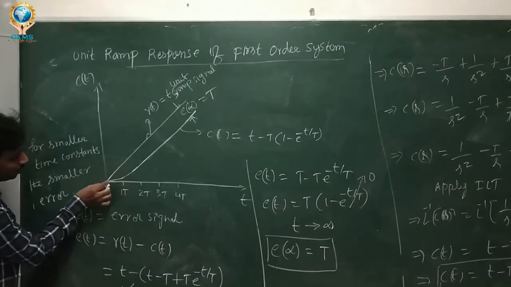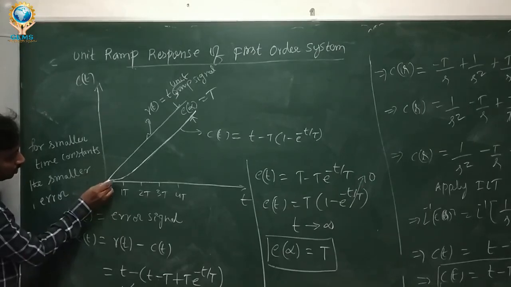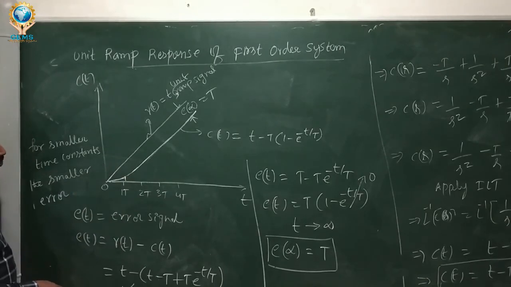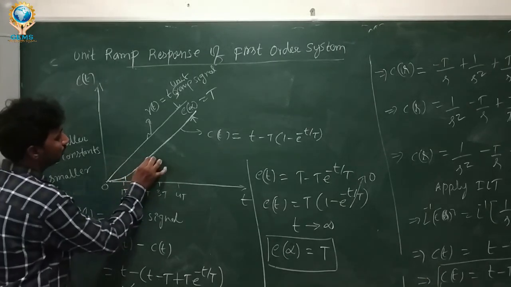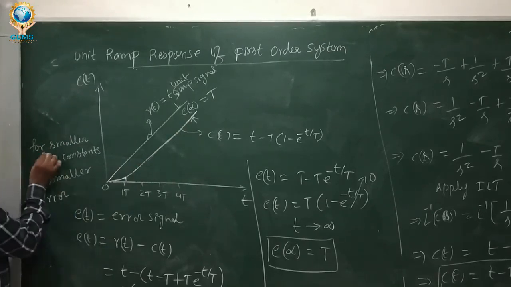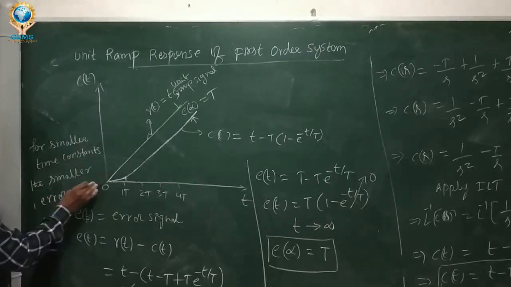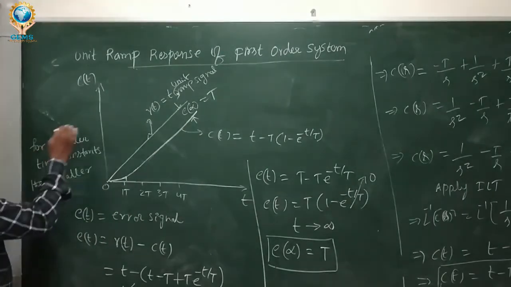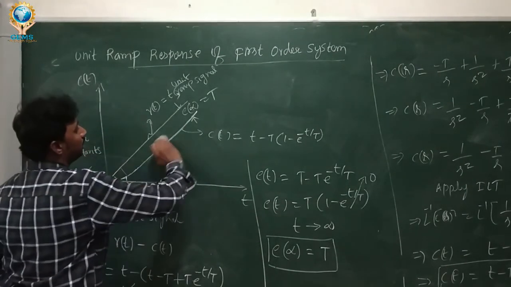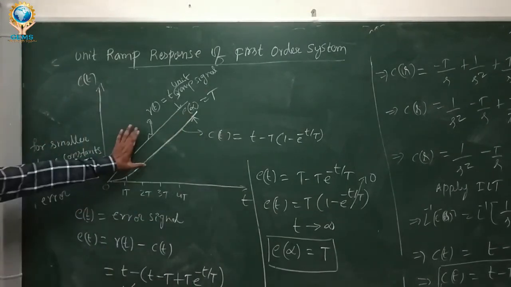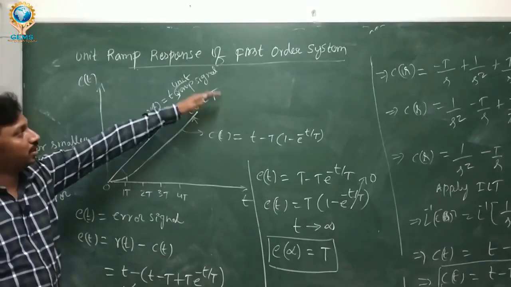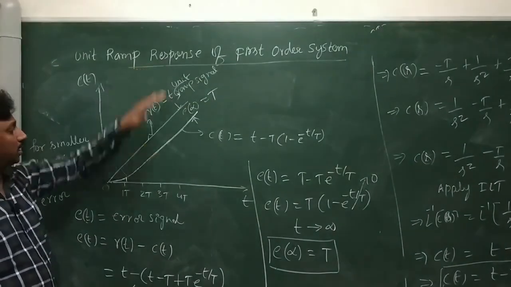From this portion, you just see that for a small time constant your error is less. From this point the error is maintained constant. So the final conclusion is: smaller time constant, smaller error; bigger the time constant, bigger the error. The error is constant from this point. So this is the response of a first order system when it is subjected to a unit ramp signal.